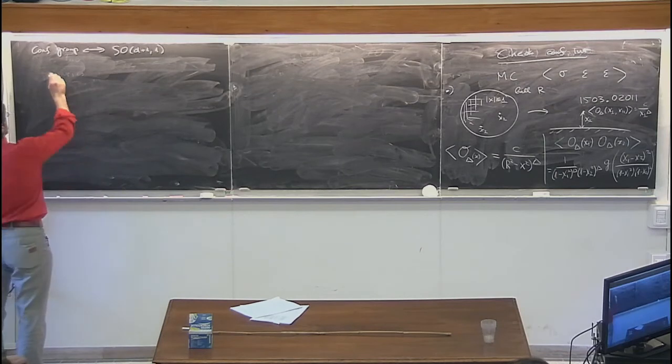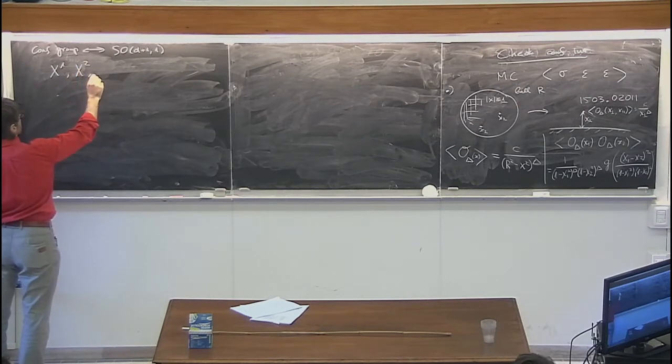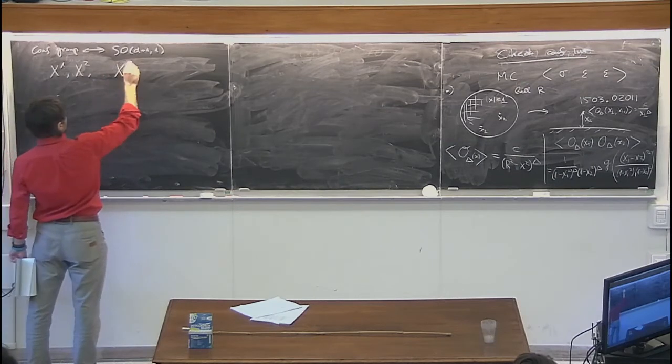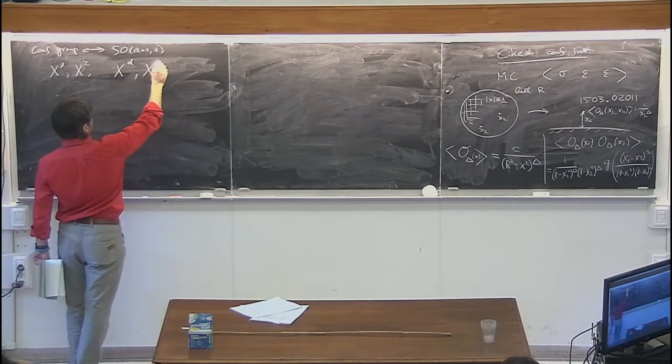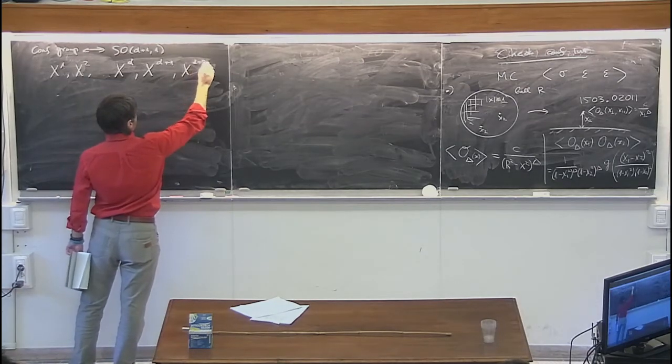So let me then introduce a d+2-dimensional space. I'm going to call its coordinates large X1, large X2, and so on, Xd, and then I have two more coordinates, X(d+1), X(d+2).